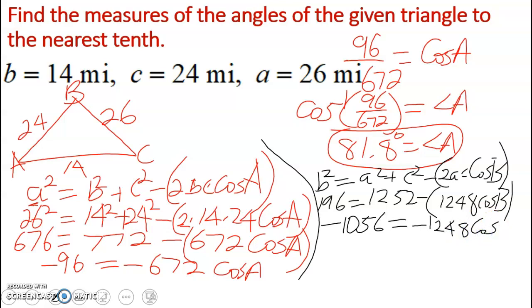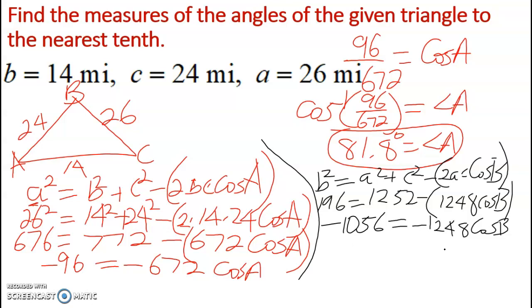And again, we divide both sides by negative 1248. Negative by negative will give a positive.